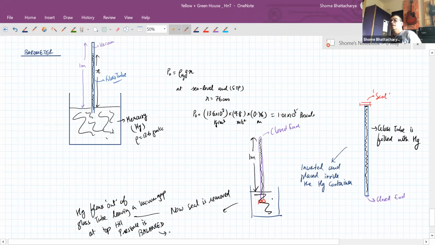Okay. And that happens when X is equal to 76 centimeters at STP. And from that we are able to measure. Okay. So just make a rough note of this part, then I'll explain exactly how that pressure balancing situation occurs.